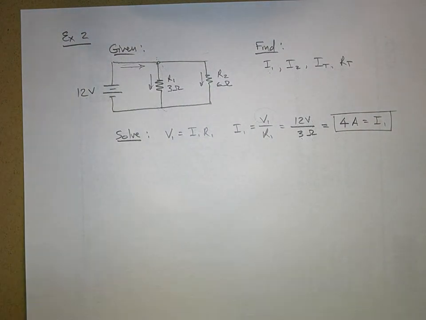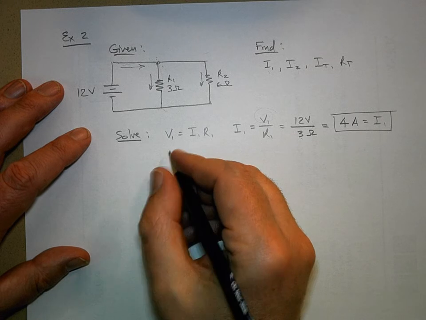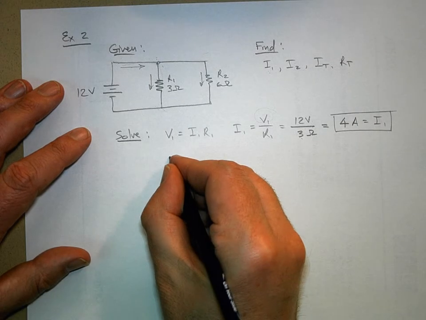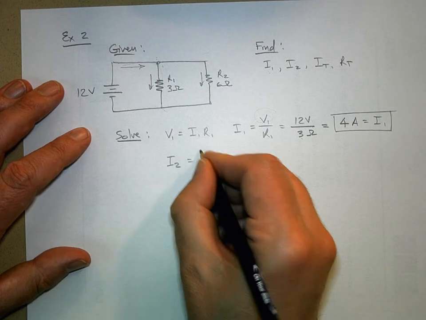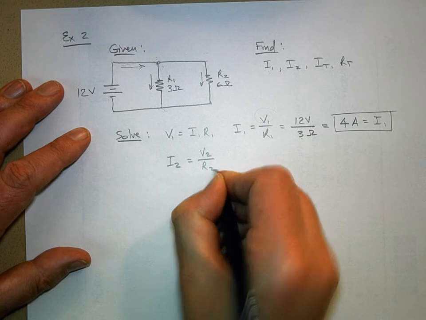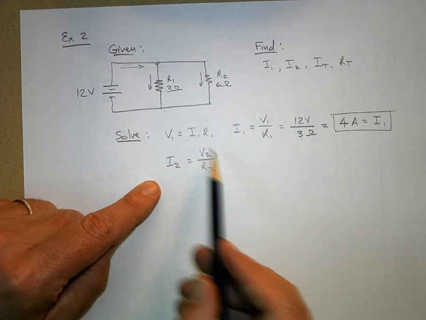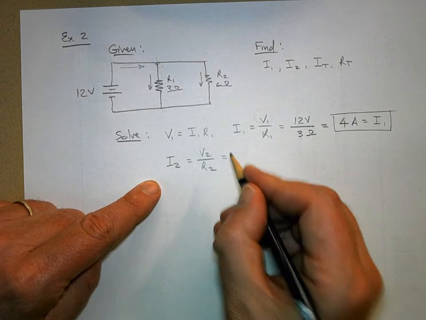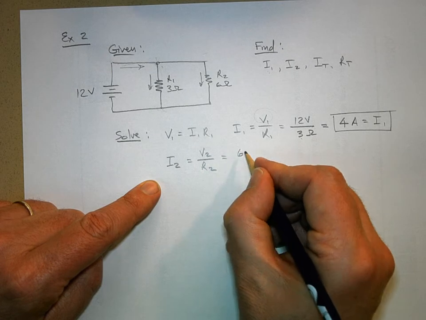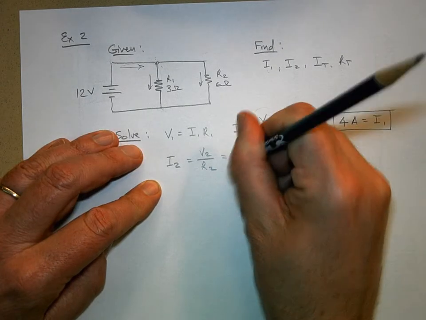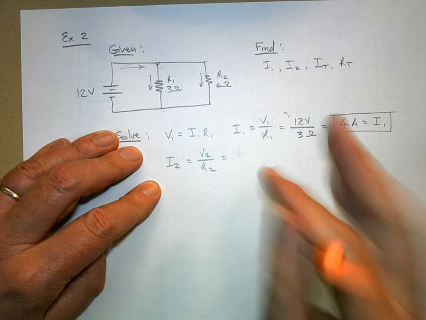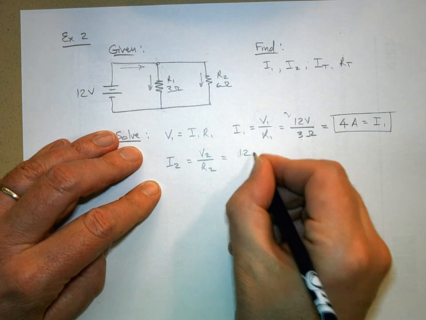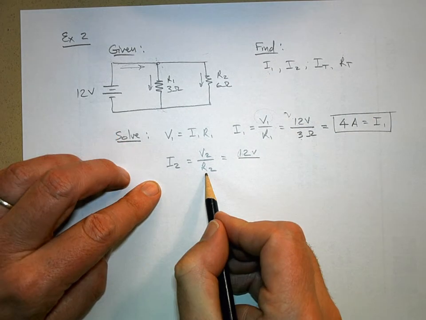Now, what is I2? We can do the same thing. I2 equals V2 over R2, just by solving Ohm's law for current. And this is going to be 12 volts divided by R2, which is 6 ohms.